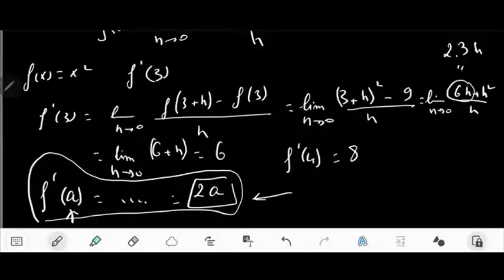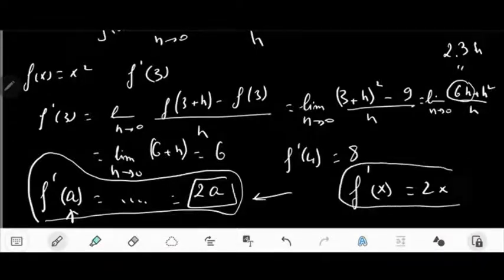So this is a formula that gives the derivative at any point. That's why we will say that the function f prime of x equal to 2x is a function that represents the derivative of f at any point x, and this is what we will call the function derivative. So the function derivative is a function of x that represents the derivative of f at each point.